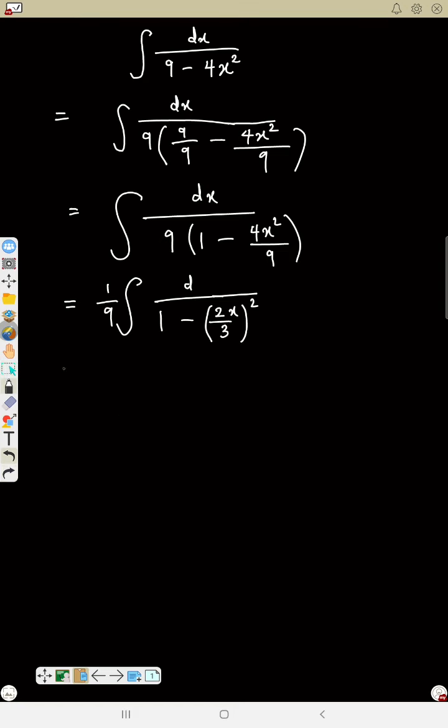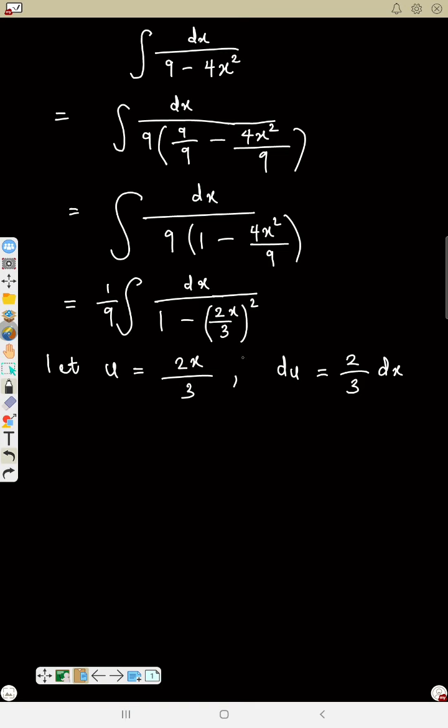So from here we can say let u equal 2s divided by 3. This is the s. So let u be 2s over 3. Then du is equal to 2 over 3 ds.